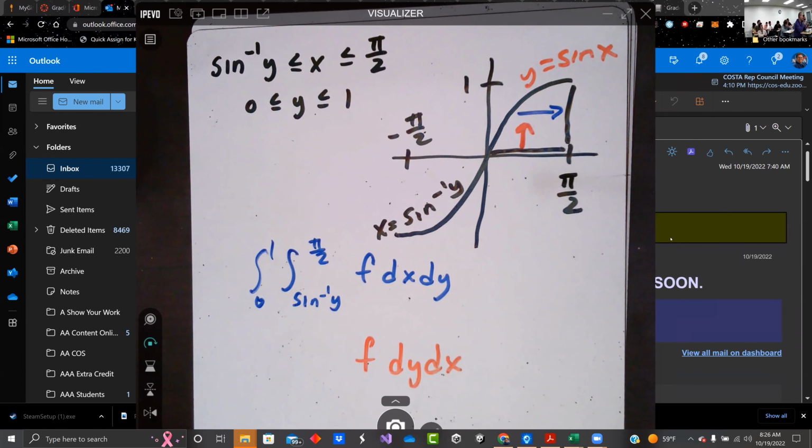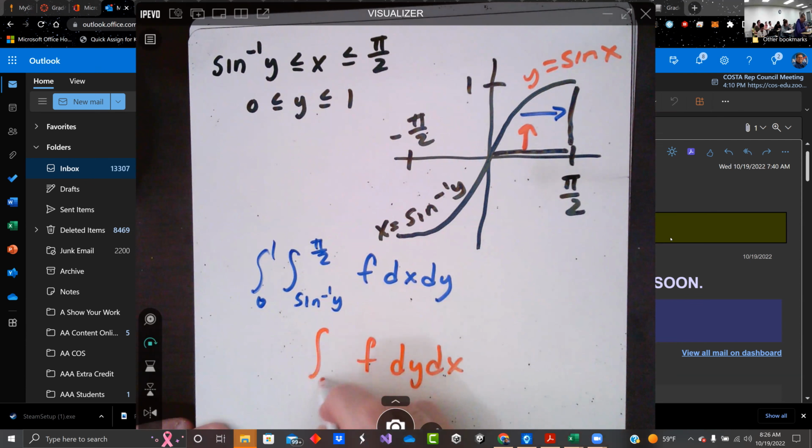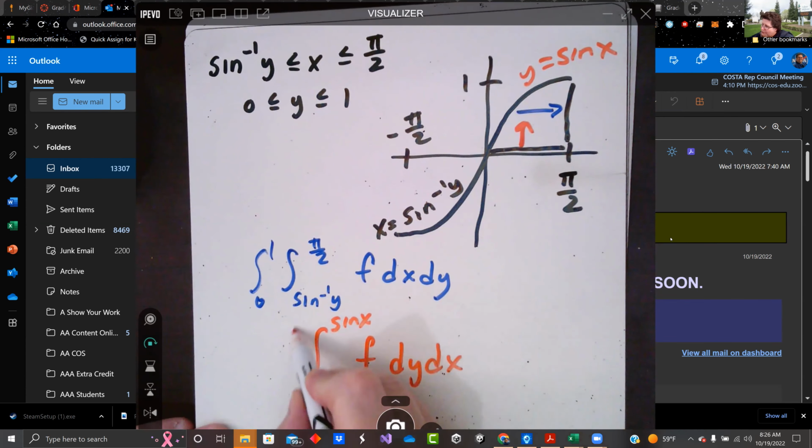I don't know if it really matters, does it? Oh wait. Let's find out. Never mind, we're going from 0 to sine x. And along x, we're going from 0 to pi over 2.